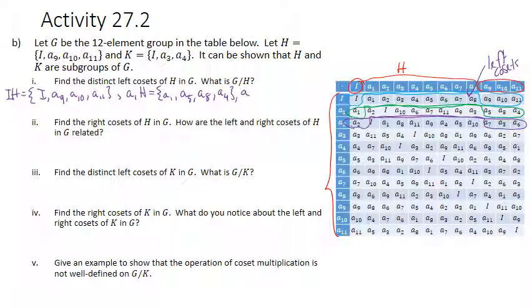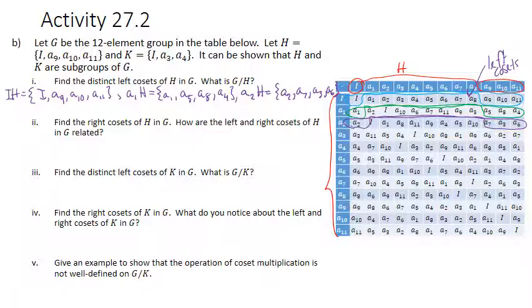And then we can do A2 times H, and that gives us A2, let's see, A7, A3, and A6. And if you notice, I've already gone through all 12 elements, so that must have been all of the left cosets, because they do partition the group. So if I've already covered all the elements in the group, then that was all of them. So there's only going to be 3.